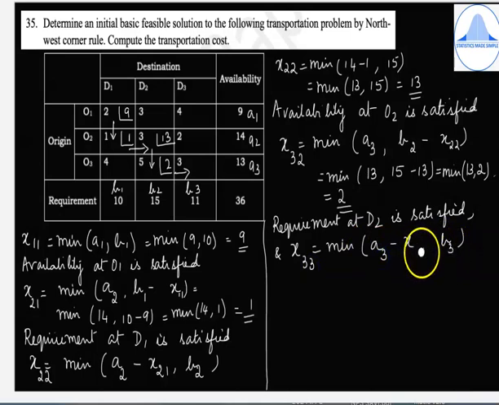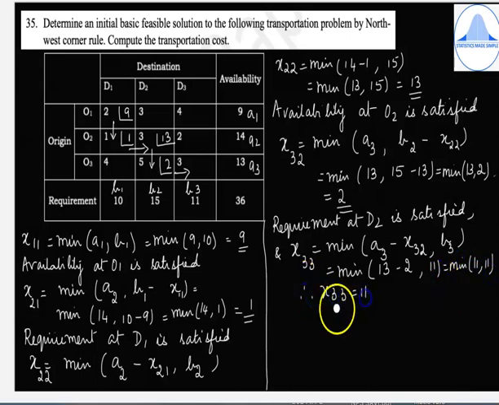So this is equal to minimum of 13 minus 2 comma B3 is 11, which is nothing but minimum of 11 comma 11. So we get x33 is equal to 11.